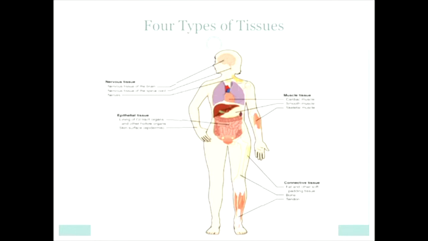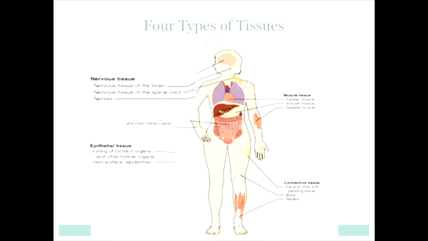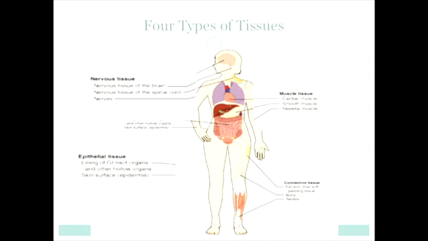The human body can be divided into four different groups of tissue. It's neuronal tissue, nervous tissue represented by the brain, spinal cord, and nerves. Then epithelial tissue, which mostly lines your hollow organs and GI tract.